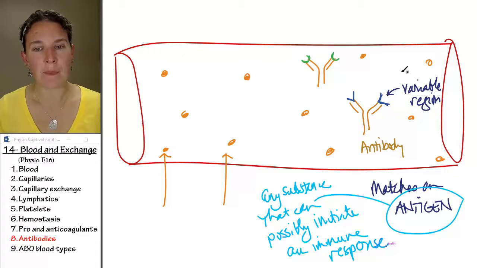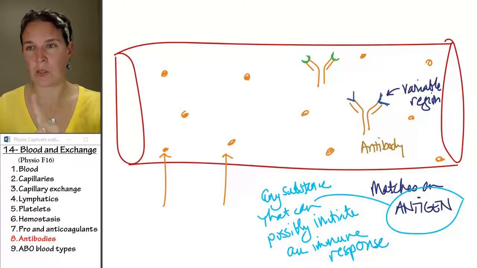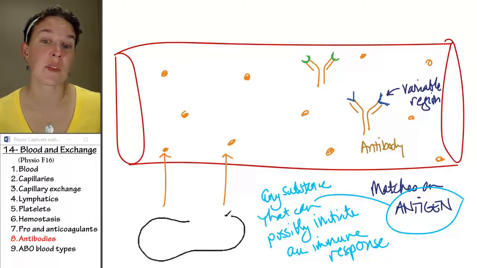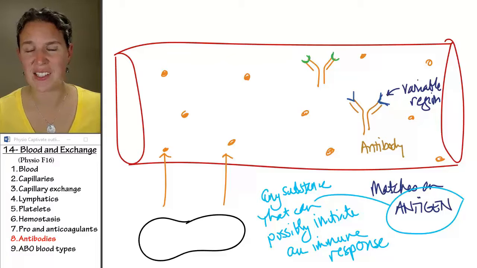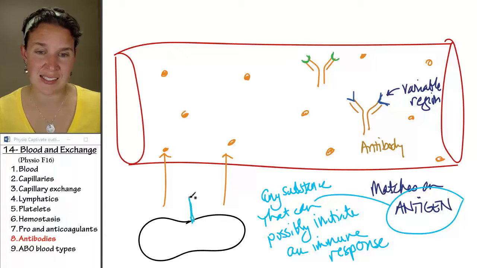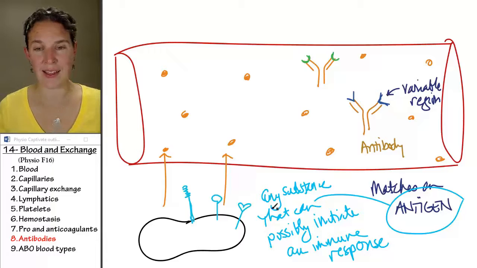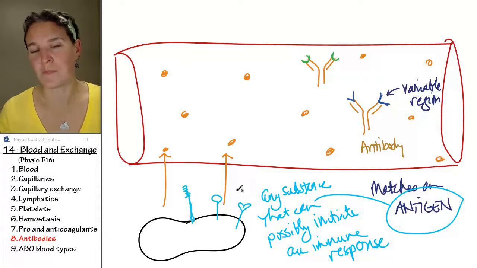Sometimes, okay, hold on a second. All of your cells are marked with antigens. So look, an antigen is just like a molecule that is hanging off of your cells. And, oh, that's what mine looks like. Those are my antigens.